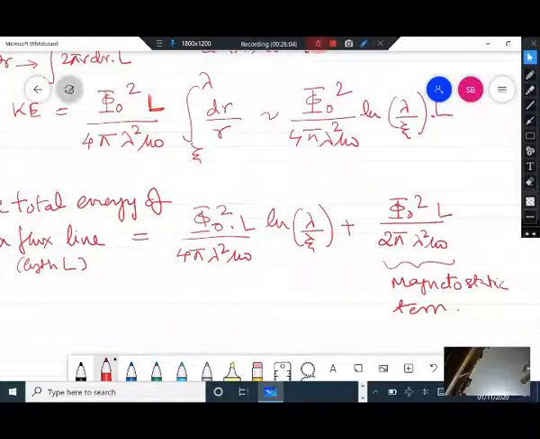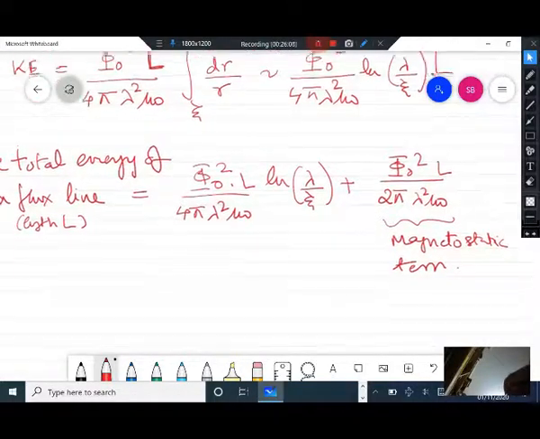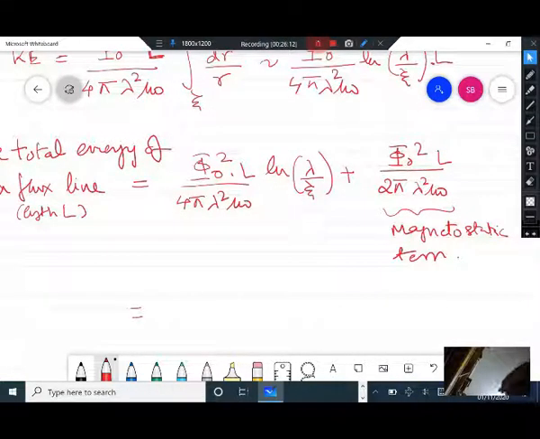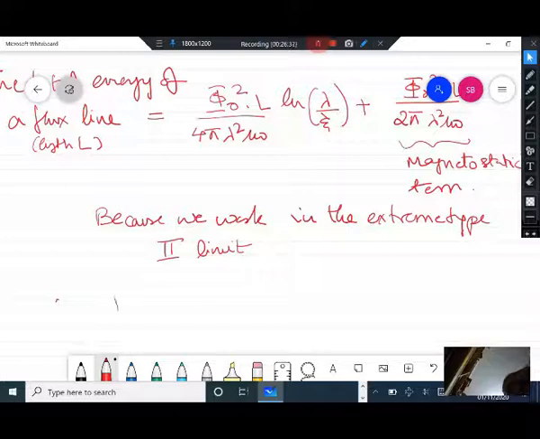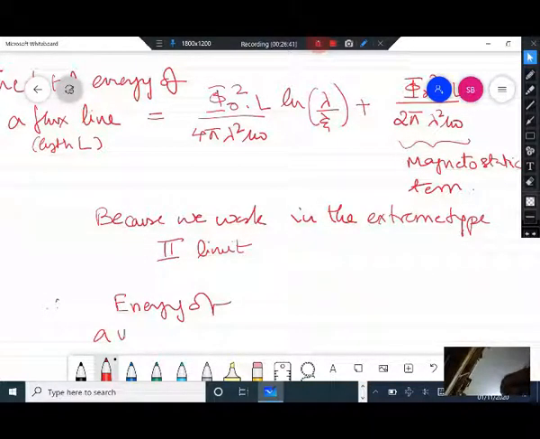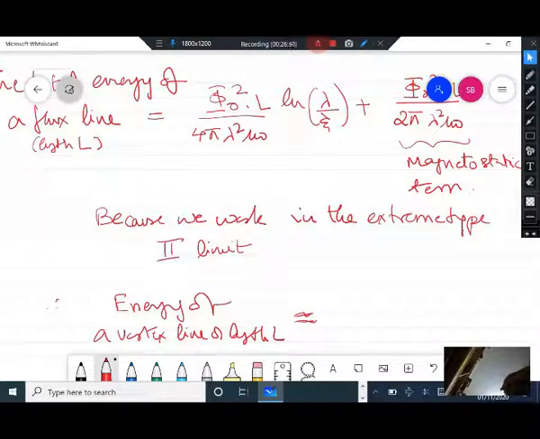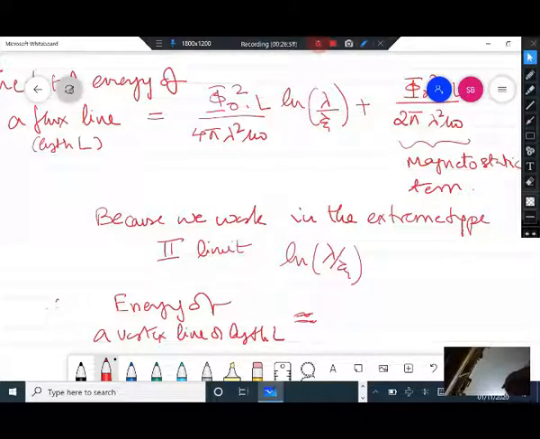Okay, now typically, because we work in the extreme type 2 limit, the energy of a vortex line of length L is going to be dominated by the log of lambda by xi, which will be greater than 1, where lambda is much greater than xi.